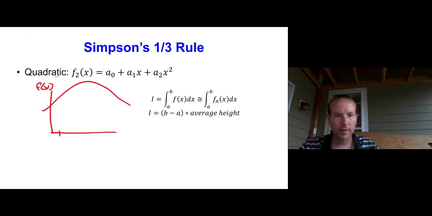So the basic idea with Simpson's 1/3 rule is that we're approximating our function as a quadratic. And so if I write out here, actually, I'll call this x0.